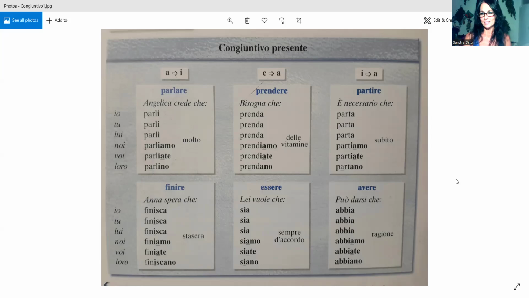I've seen this congiuntivo described as a mood, tense or conjugation, because it follows certain expressions which express doubt, feelings, opinions.